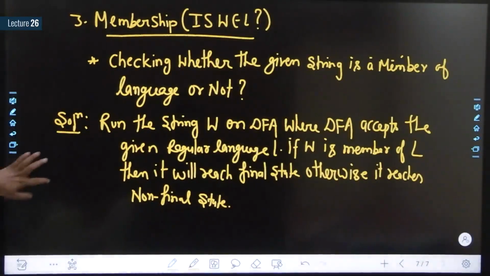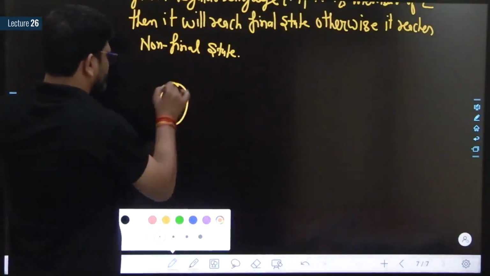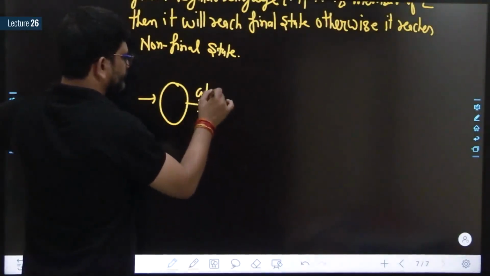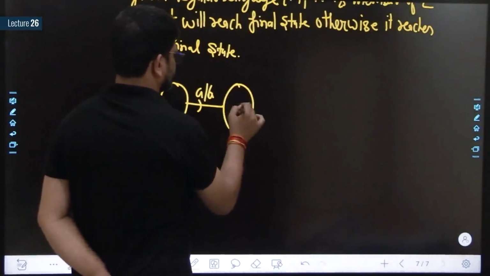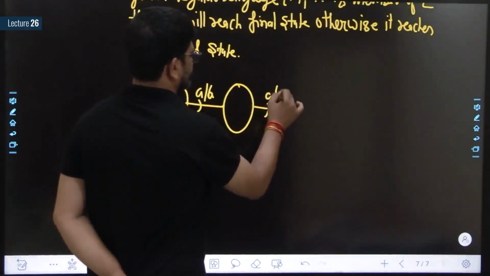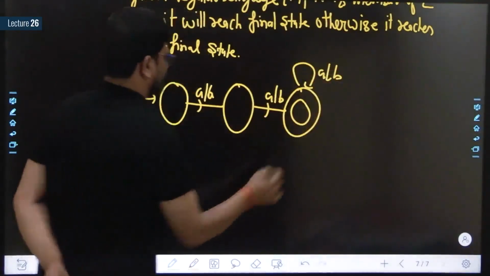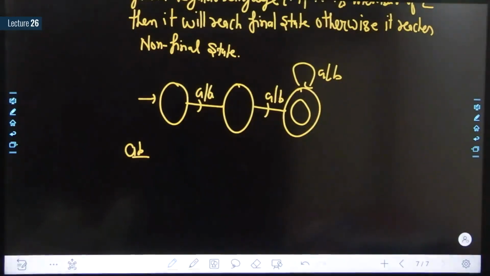Okay, see one example. Suppose this is the finite automata. The length of the string is at least 2. AB. Check whether this string is a member of this finite automata or not.